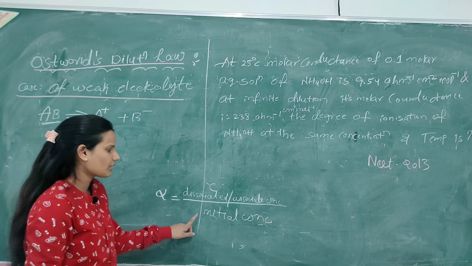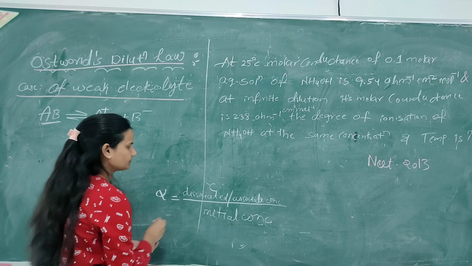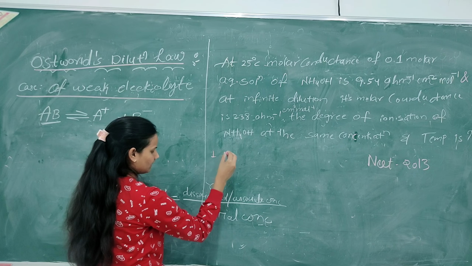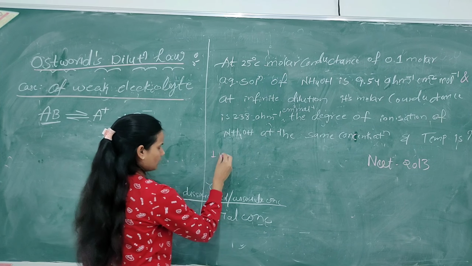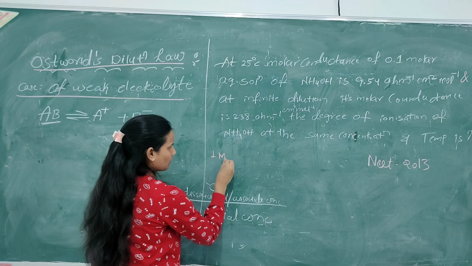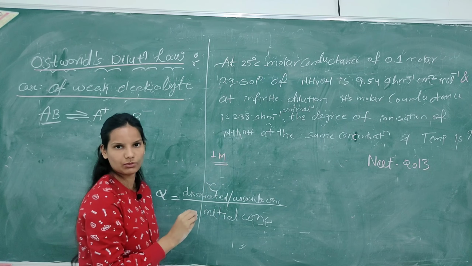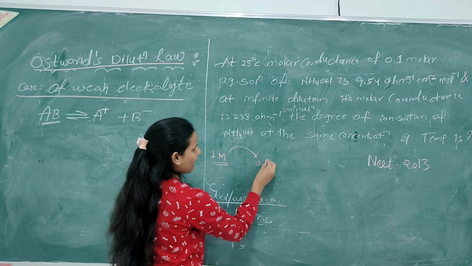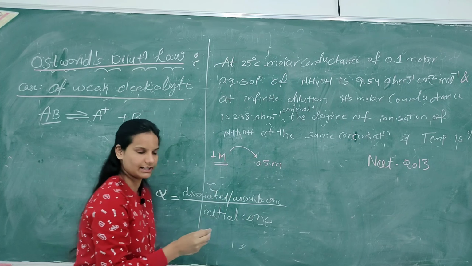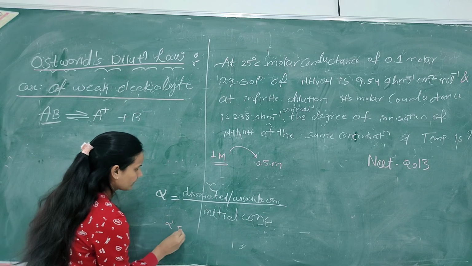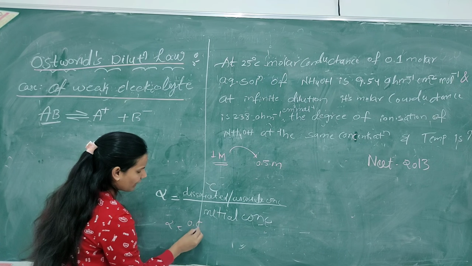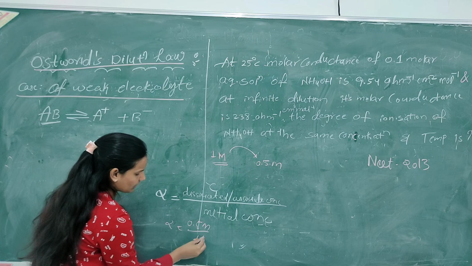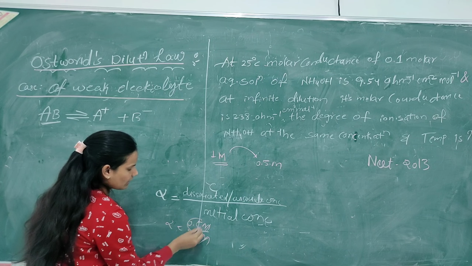Suppose initially I have taken 1 molar. After that it dissociated, like 0.5 molar part got dissociated. So alpha is simply the dissociated part, 0.5 molar, and initially I have taken 1 molar. So this is the degree of dissociation.